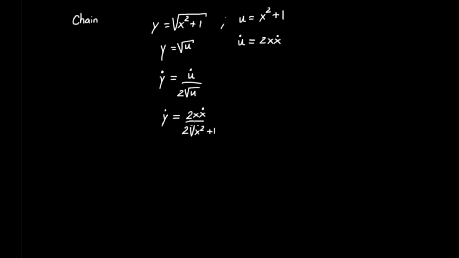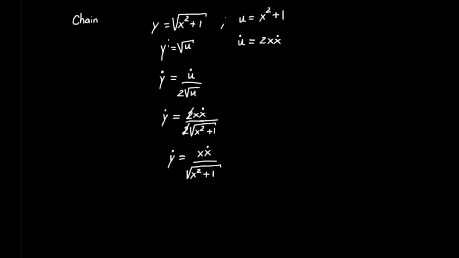So I get the square root of x squared plus 1. And then finally, I cancel out those twos there, and I find that y dot is equal to x dot divided by the square root of x squared plus 1.